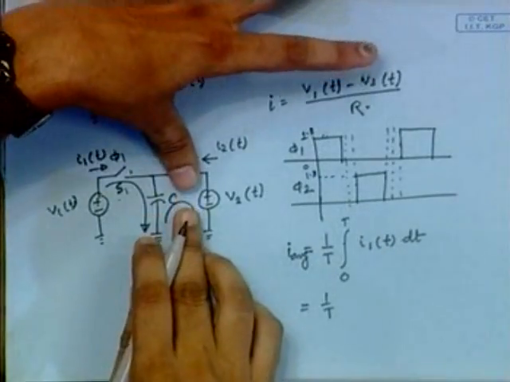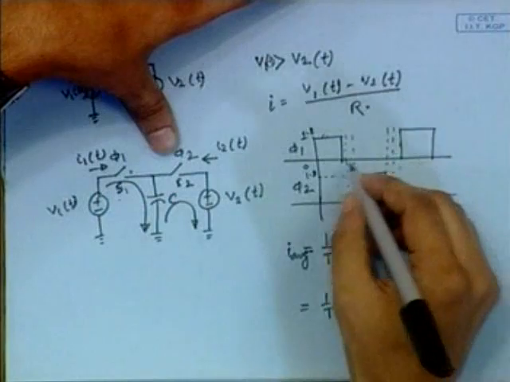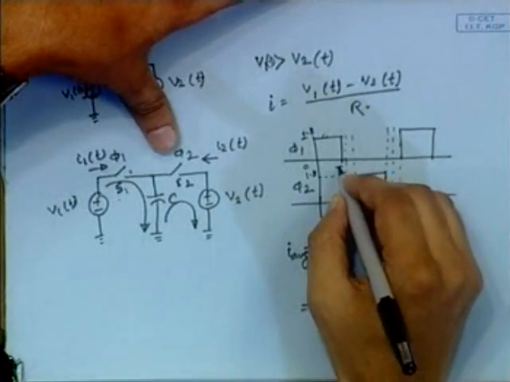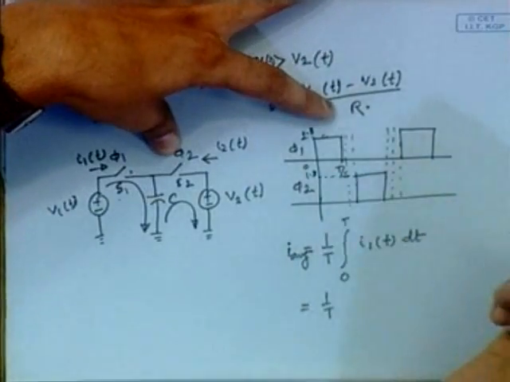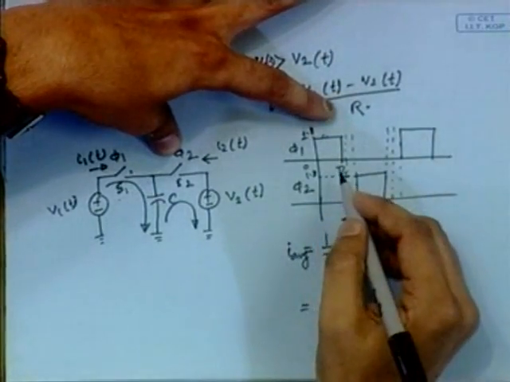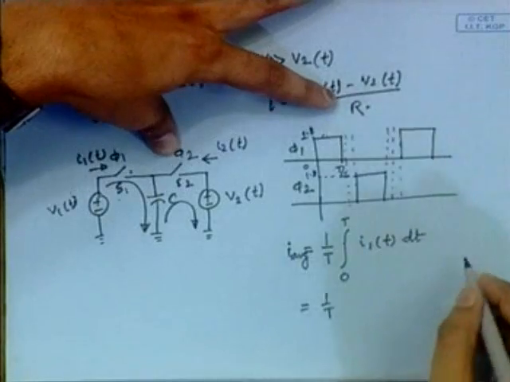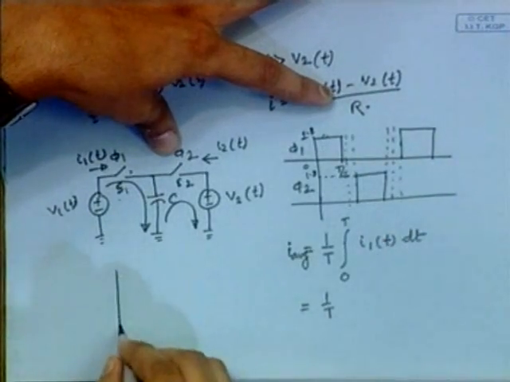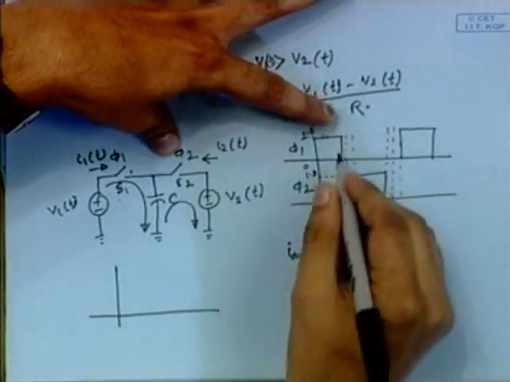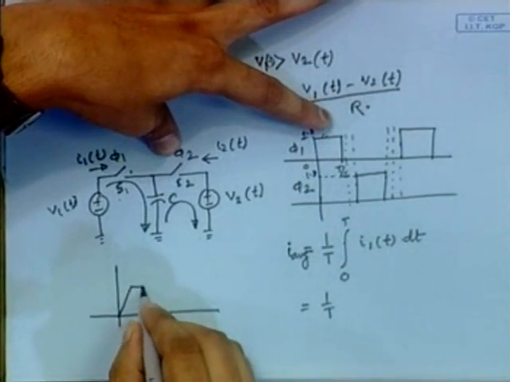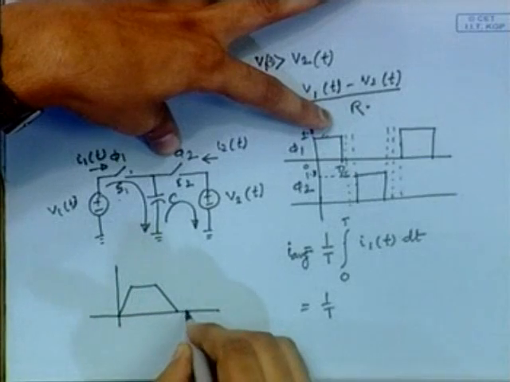As this switch is on for this time period, this is T by 2 for example, but generally we take slightly less than T by 2 because there will be rise time and fall time for this pulse. So actually these pulses are like this.